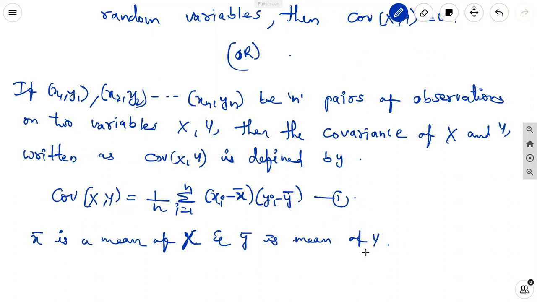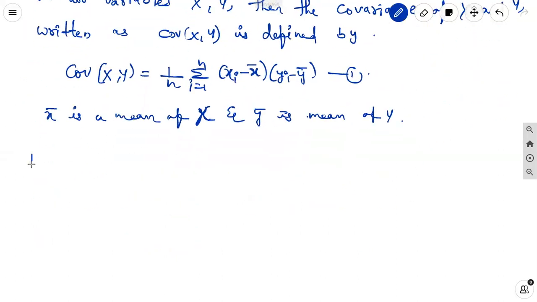The covariance of X and Y is a measure of joint variation in X and Y. Just like 1 by n summation i equal to 1 to n of (xi minus x bar) whole square is the variance of X.